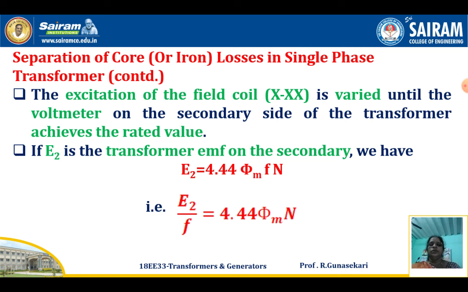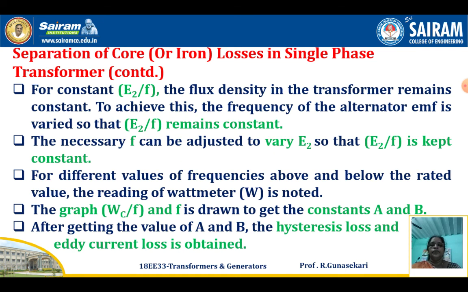Now E2 is taken from the voltmeter V, which is connected on the secondary side of the transformer. Therefore E2 is the transformer EMF on the secondary, E2 equal to 4.44 phi m F into N. Then E2 divided by F is equal to 4.44 phi m into N. Now, for constant E2 divided by F, the flux density in the transformer remains constant.